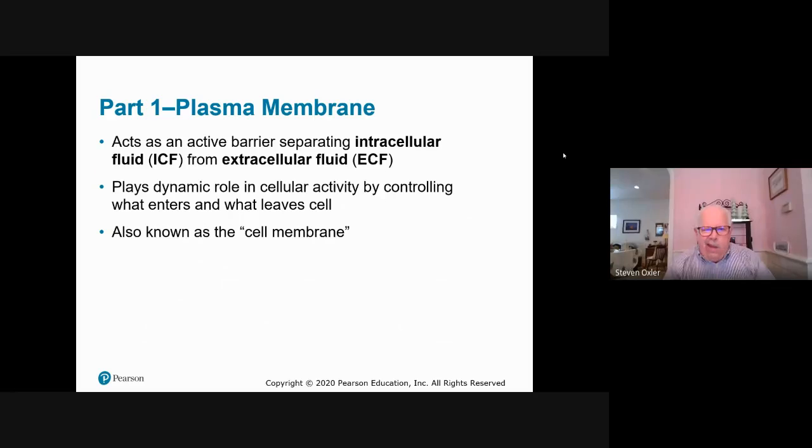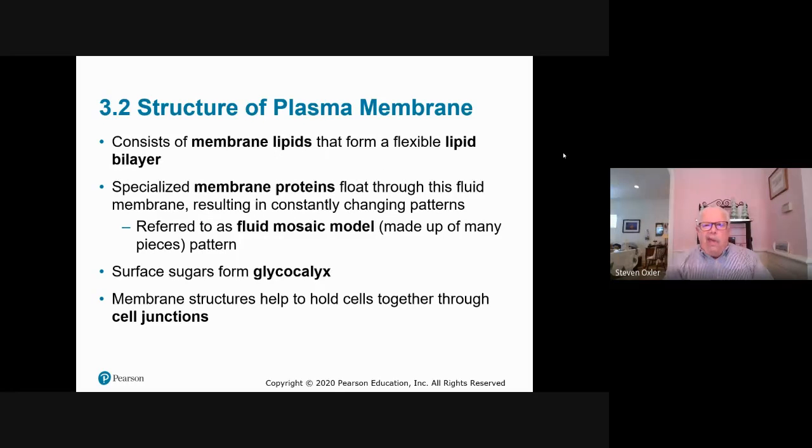The plasma membrane is also known as the cell membrane, and it plays the most important role in things that come in and out of the cell. It is the barrier. It is composed basically of lipids. When you say the word lipid, you mean fat.